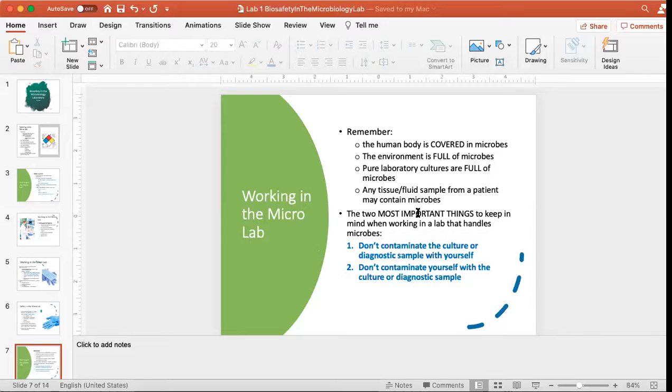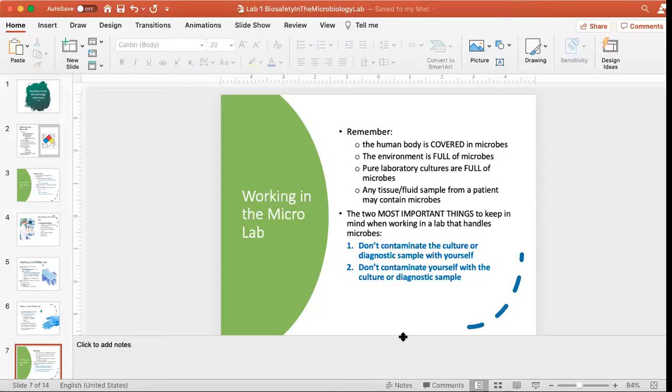So here's something I said earlier, I'll say it again. Perhaps the two most important things I'll say today that you have to keep in mind when you're working in a lab that handles microbes. Don't contaminate the culture with yourself, your body, and don't contaminate yourself with your culture.